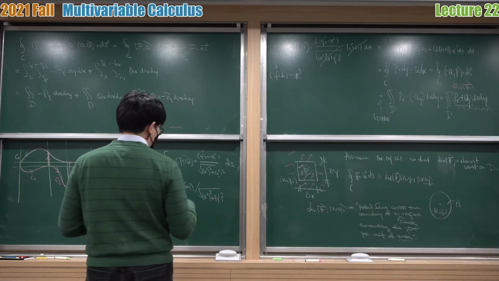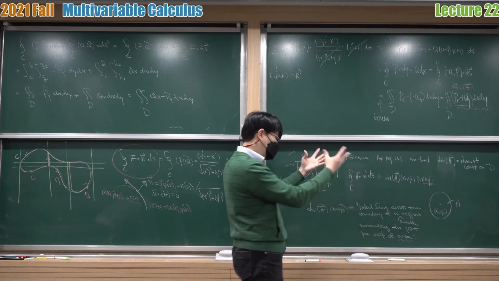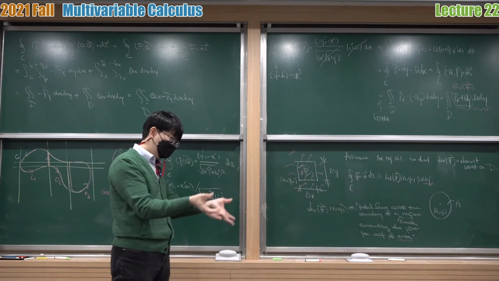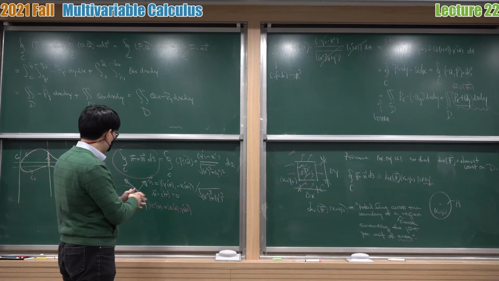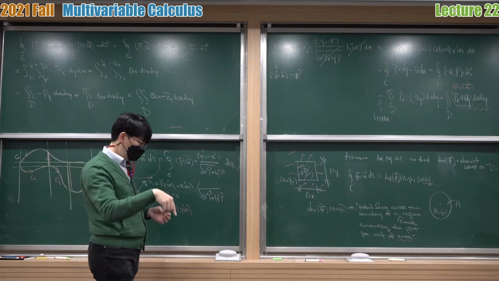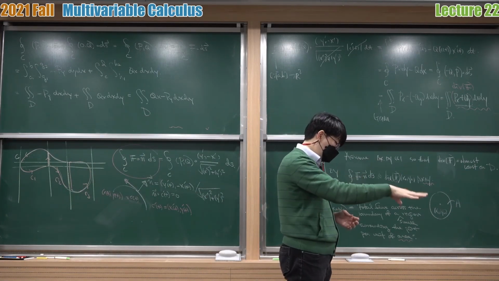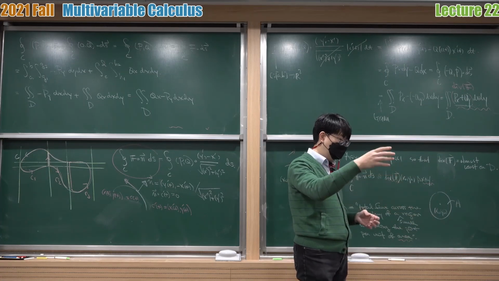If we think about the flux, then we need to think about the closed surface. But when you think about the curve, the line integration is transformed into the double integral.